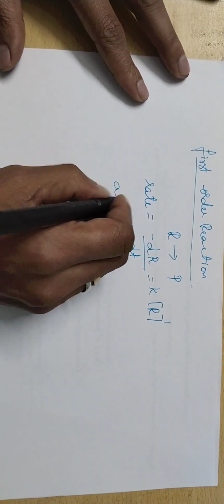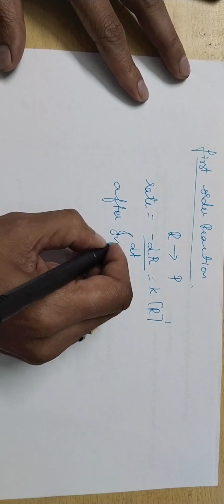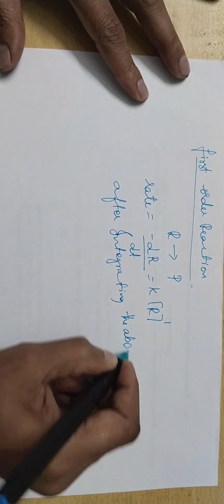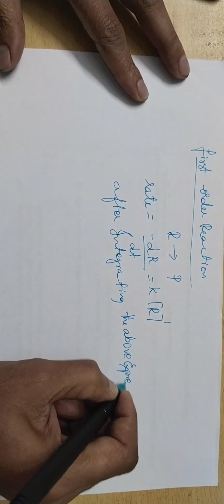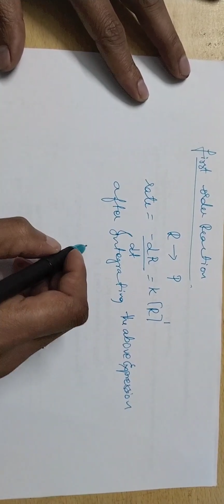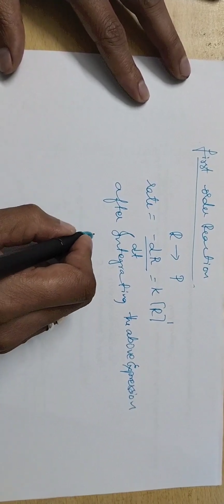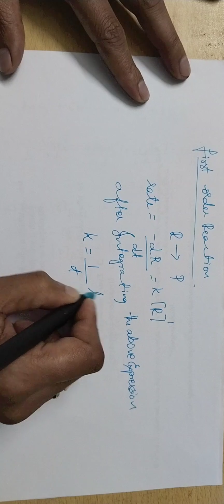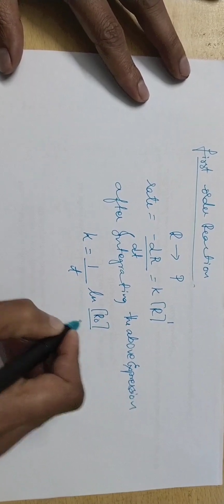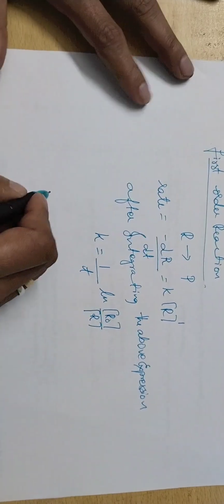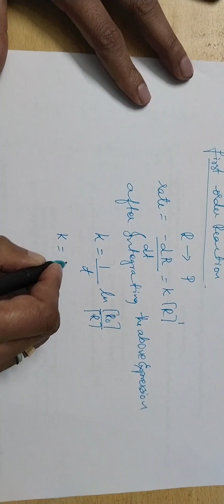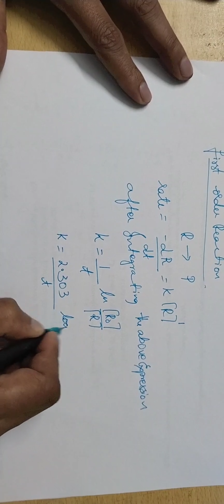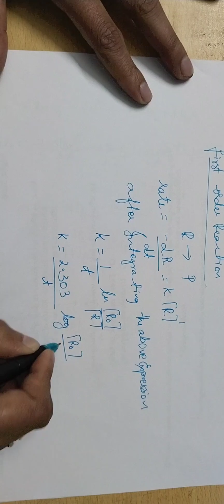After integration of the above expression, we get k is equal to 1 divided by t, natural logarithm of R naught divided by R. And in terms of log base 10, the expression is written as 2.303 divided by t log of R naught by R.